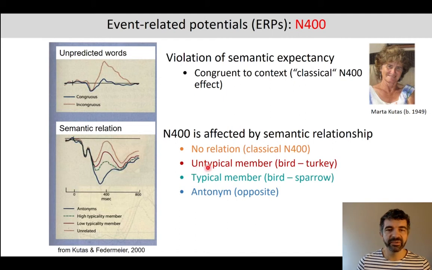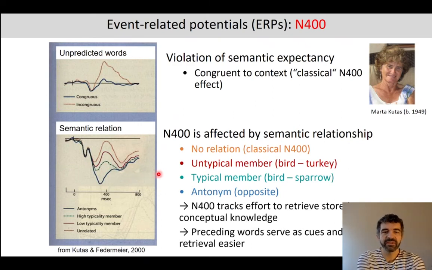And if you compare that to an untypical member, for example, you expect a bird and then a turkey comes, then you already see some deviation towards the negative. So this is some deviation of the expectancy, but not as much as a completely unrelated word. So this is the classical N400. And then if you have an antonym, that's even more positive than the standard.